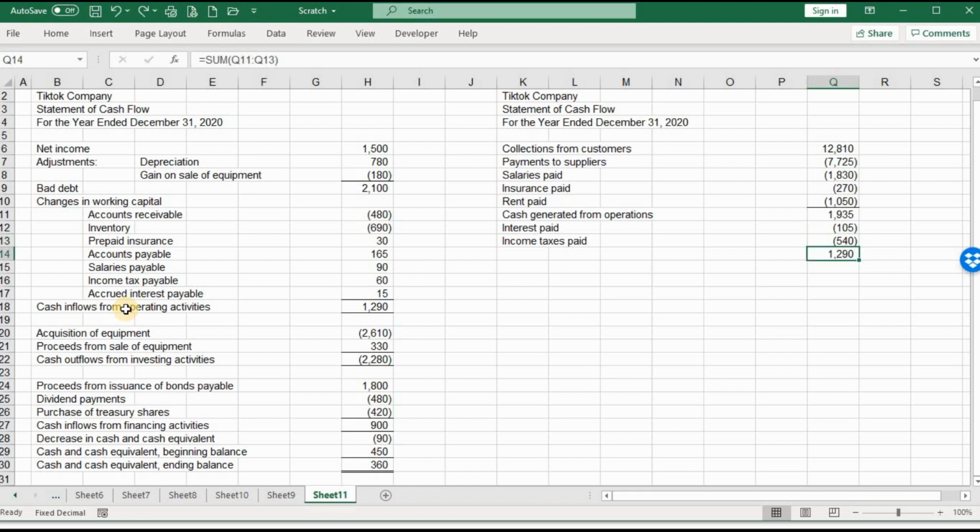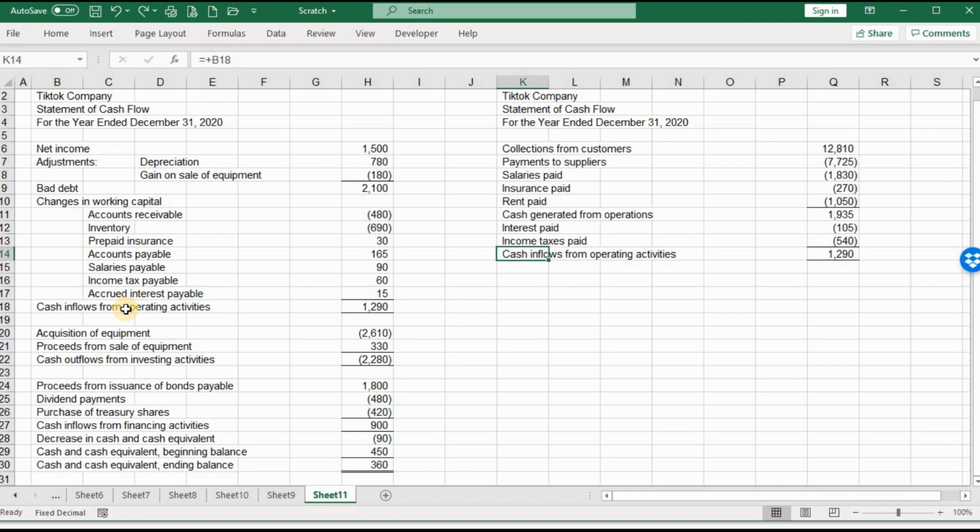So the total of 1,935 less 105 and less 540 pesos is 1,290 pesos. So this is the cash inflows from operating activities. Again, interest payment and income taxes paid are not part of the cash generated from operations, because when we say cash generated from operations, this mainly pertains to the principal business of the entity.